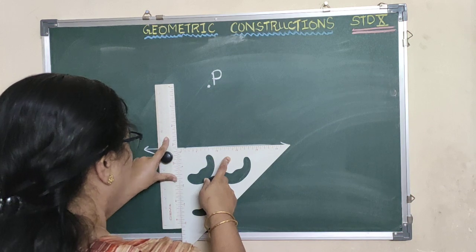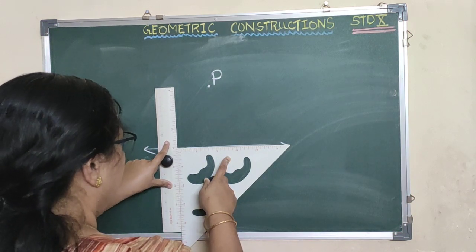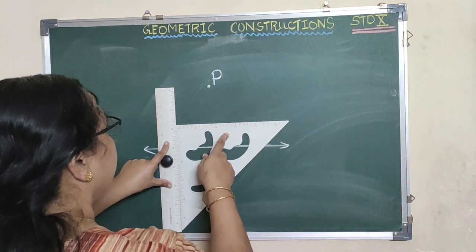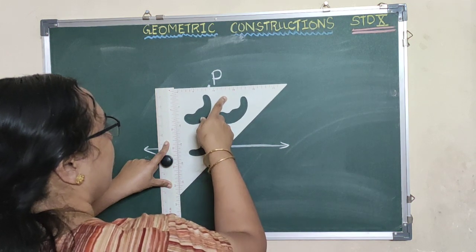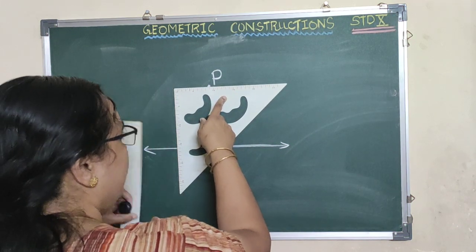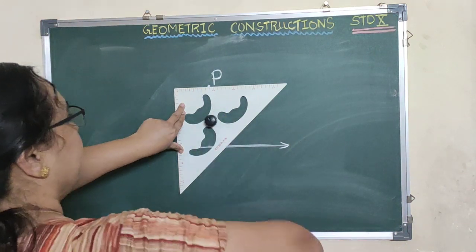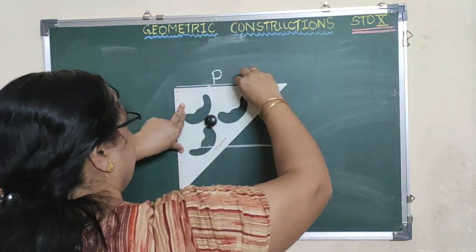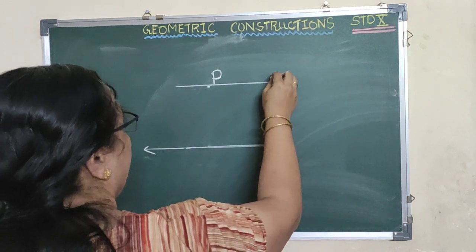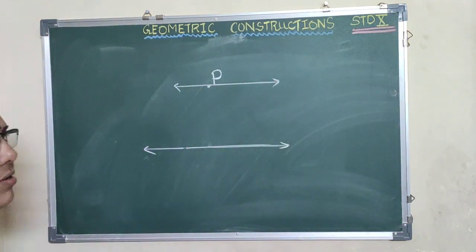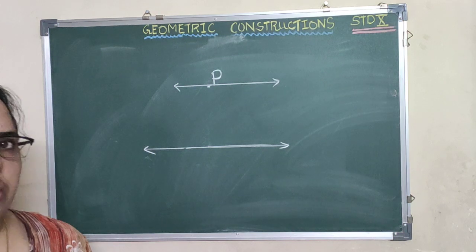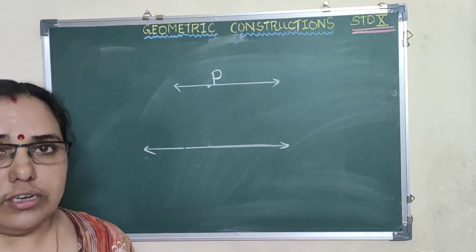Place the scale next to it. Okay, fix it properly and shift the set square to reach the point P. Remove the scale and draw a line. This line would be parallel to the given line through point P. Very basic construction children, using set square.